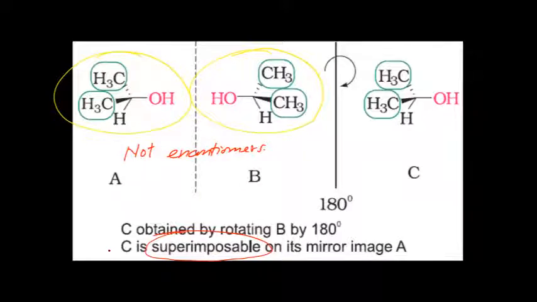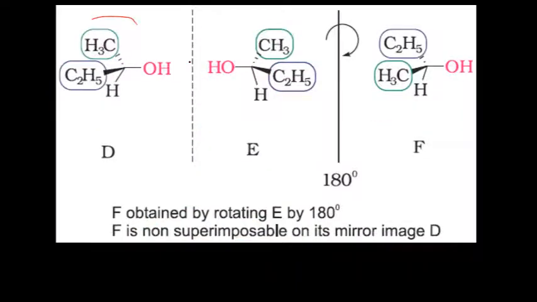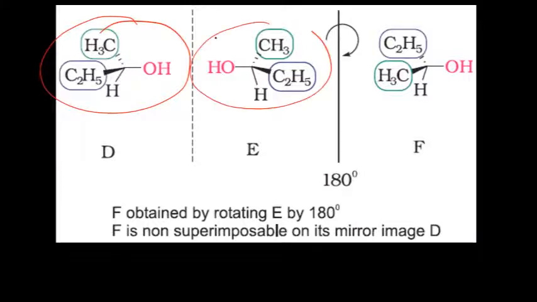So in simple terms, these two are enantiomers because these two are mirror images of each other. If you consider the first one, the second one is the mirror image. If you consider the second one, the first one is the mirror image, and they are non-superimposable on each other.